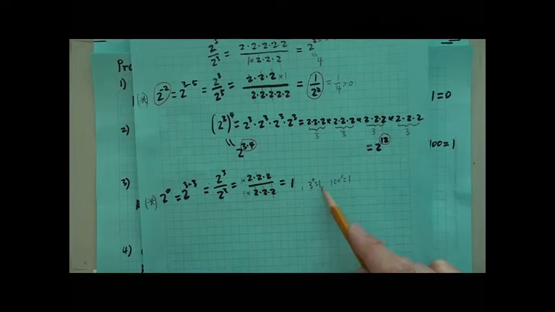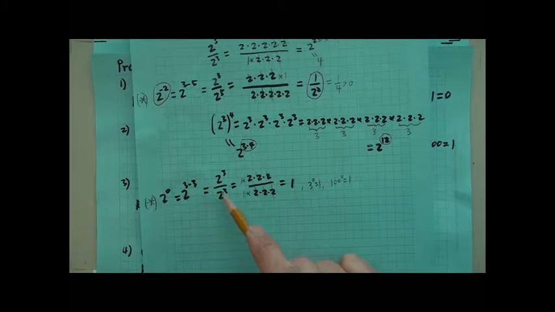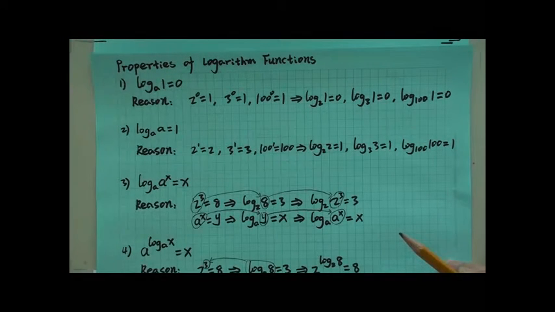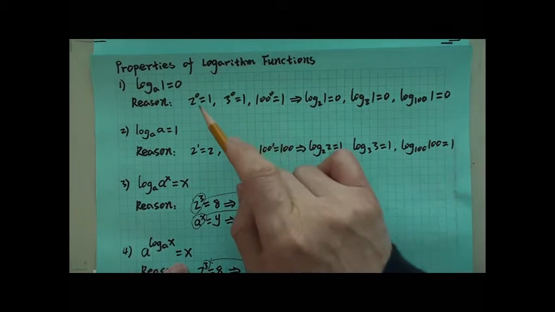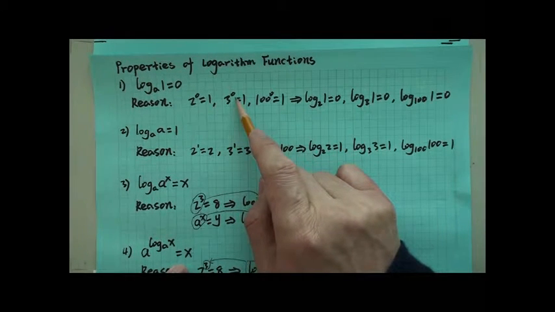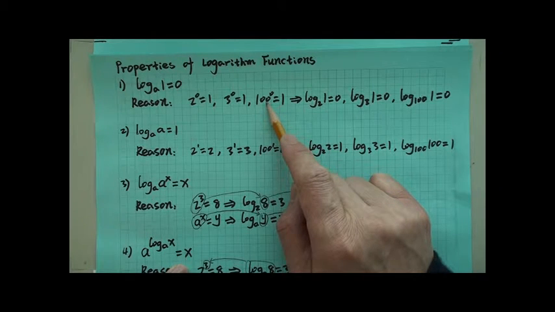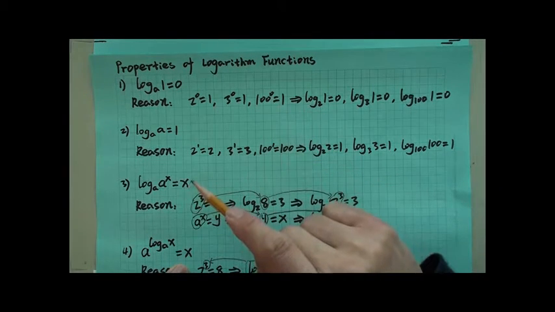So 3 to the 0 is 1. 4 to the 0, you can do the same thing. It's also 1. 100 to the 0, same reason, is 1. Okay. So 2 to the 0 is 1, 3 to the 0 is 1, and 100 to the 0 is 1.